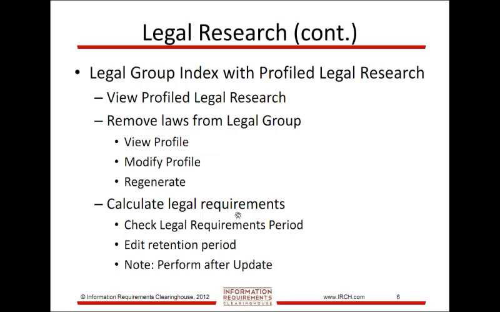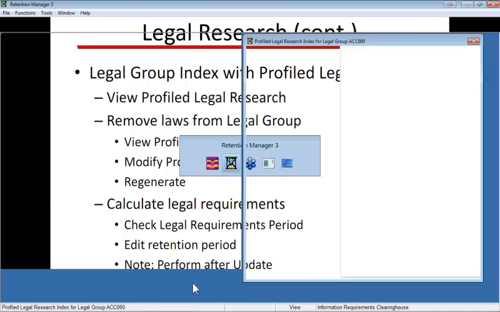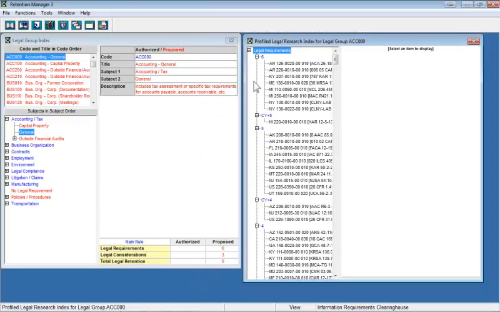We want to calculate the legal requirements period. To do this, we're going to check the legal requirements period and edit any retention period information we have to. The note really means that this task will also be done every time you do an update, and I'll show you the same thing again as I get to the update section.